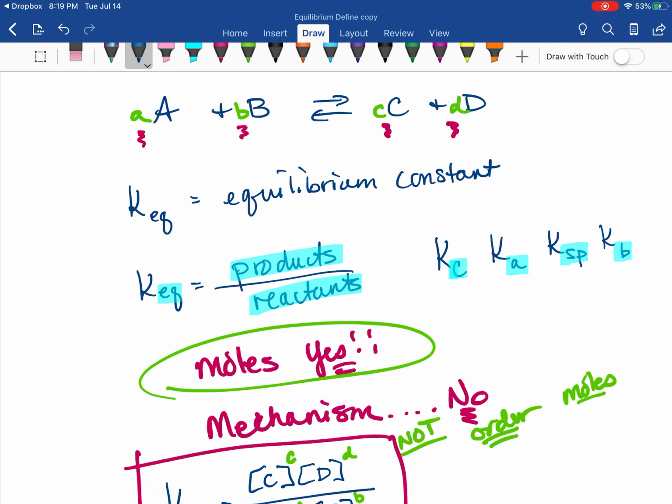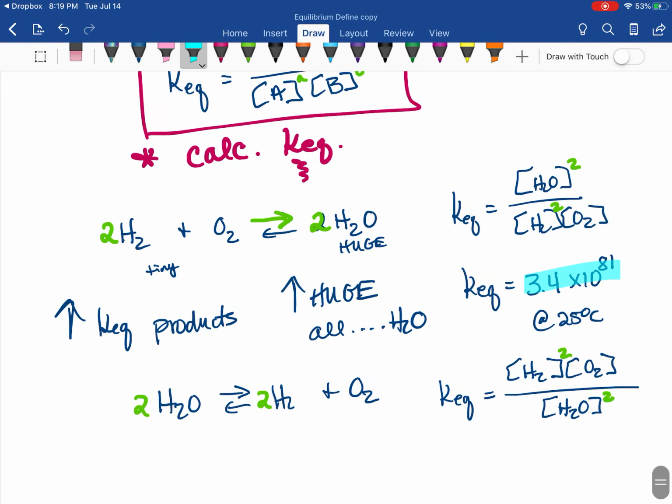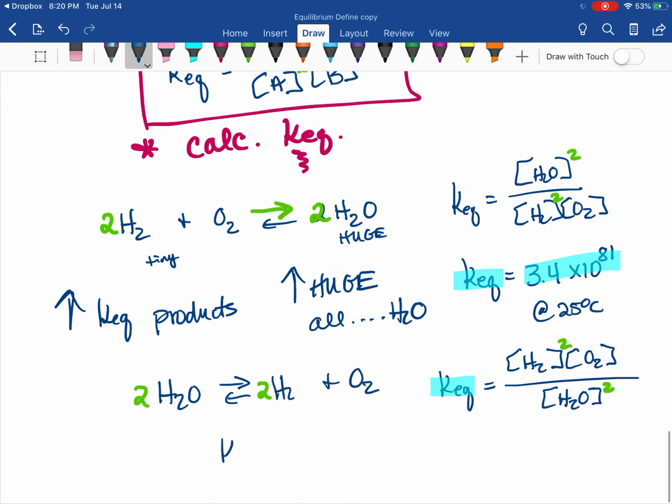Put your exponents in. Now it turns out that there's a pretty basic relationship here between these two KEQs. And what is it? They are reciprocals of each other. So your KEQ going forward is actually the reciprocal then of your KEQ in reverse.